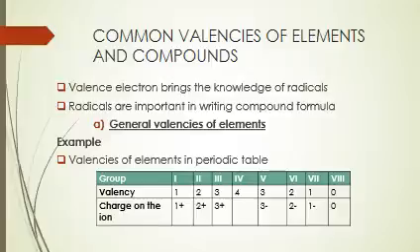Let me explain in this way. You can know the valences of elements by first knowing the group in which that element is found. For example, if the element is found in group 1, its valence is 1. In terms of charge, its charge is +1. Most students confuse the valence and the charge of an element or an ion.